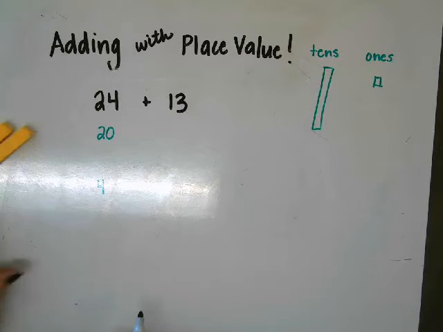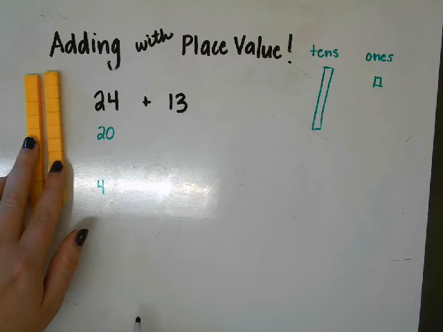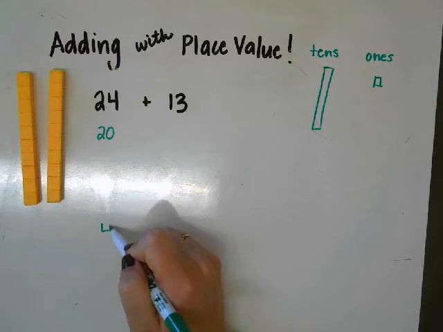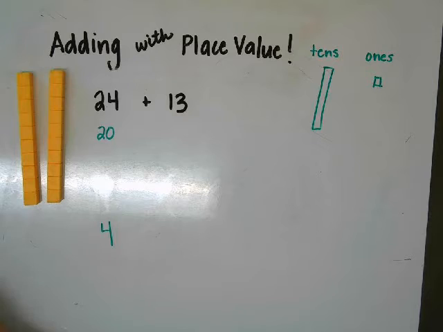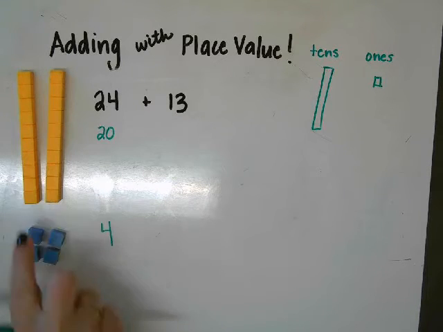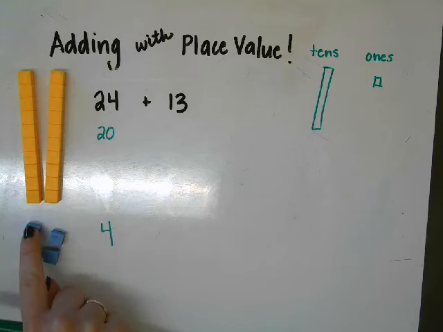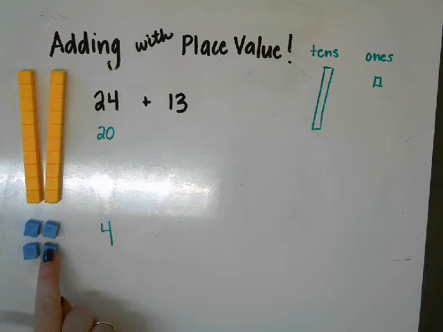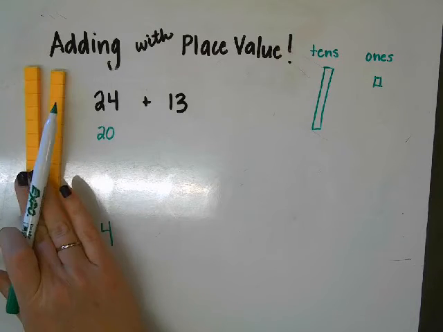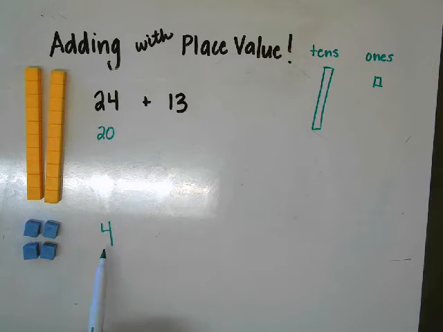Let's see what that looks like. 20 is 1, 2, and 4 is 4 ones. 24, 10, 20, 21, 22, 23, 24. So I took this big number 24 and I broke it up into my tens, 20, and my ones, 4.